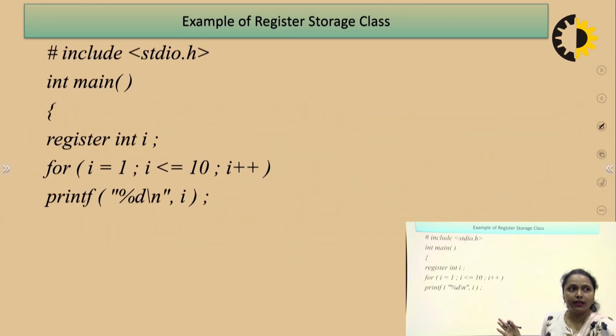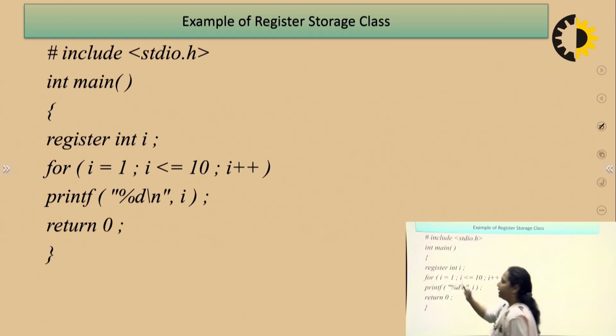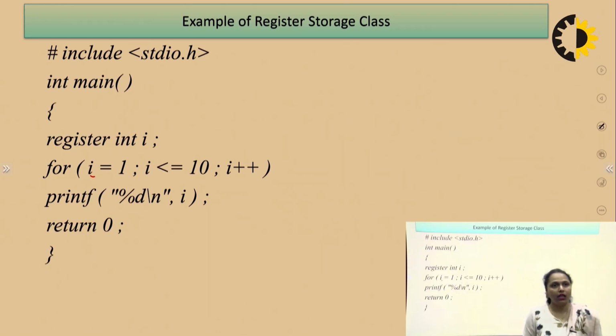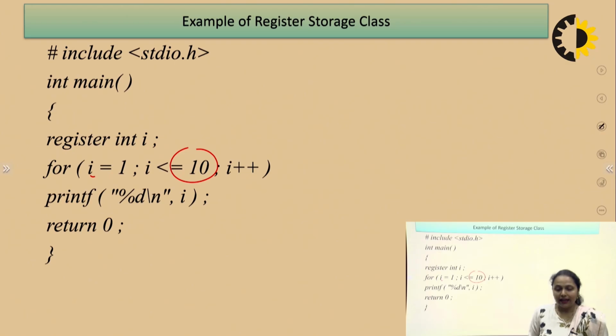Again, for example, if I am taking this particular code, it is written register int I, and as you can see, I is a variable which is continuously being updated 10 times. So again and again it has to be transferred to the registers for the calculation.